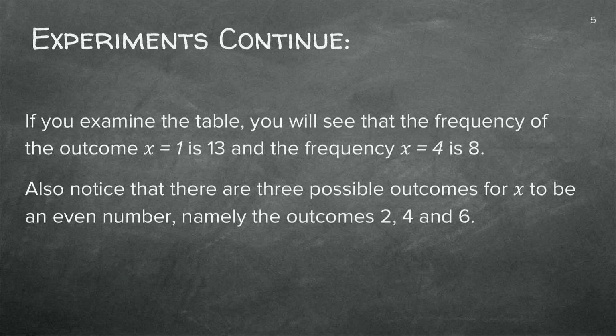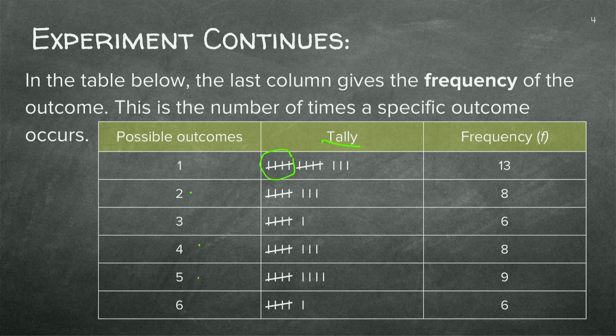Okay. Now, if you examine the table, you will see that the frequency of the outcome X is 1 is 13. Let's see if you understand. Remember we said outcome is then X. So the frequency of X equals 1 was 13. And X equals 2 was 8, and so on.